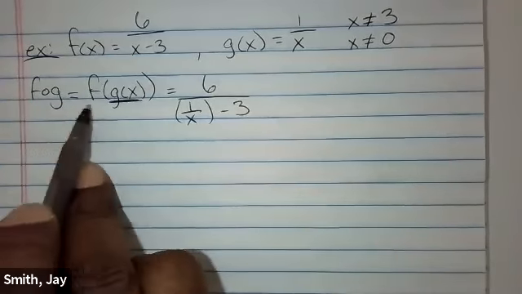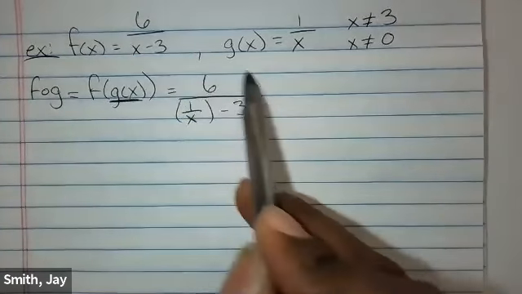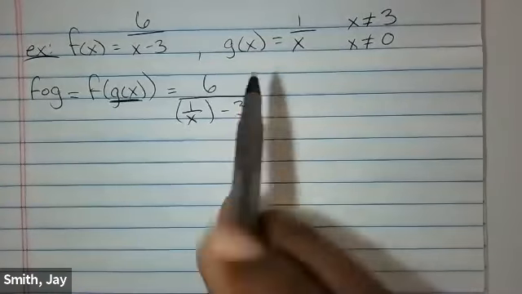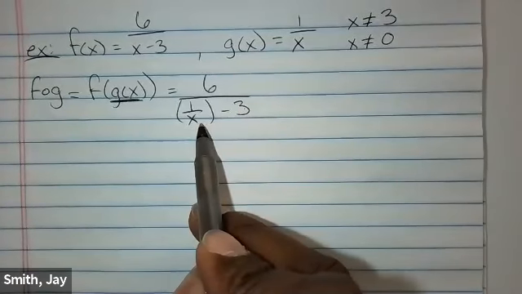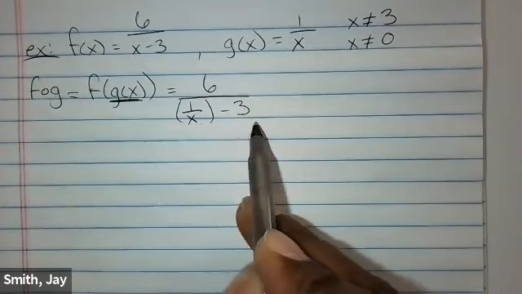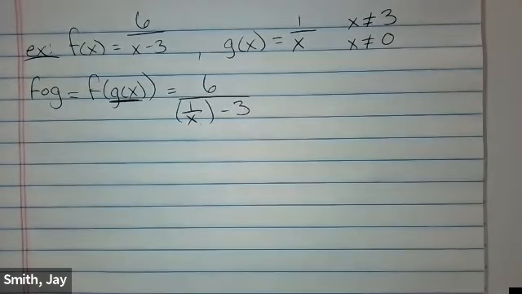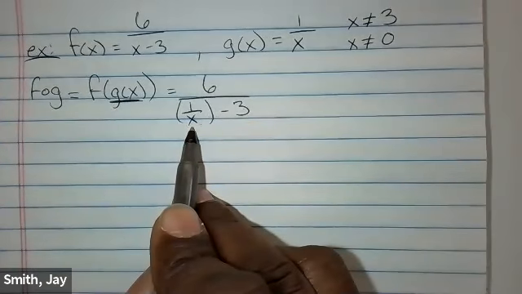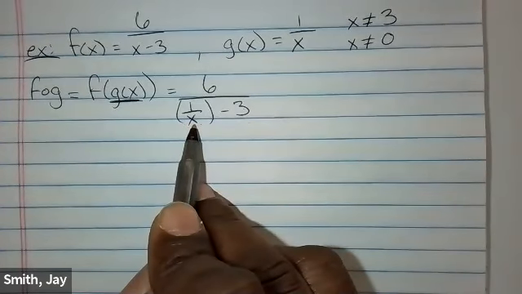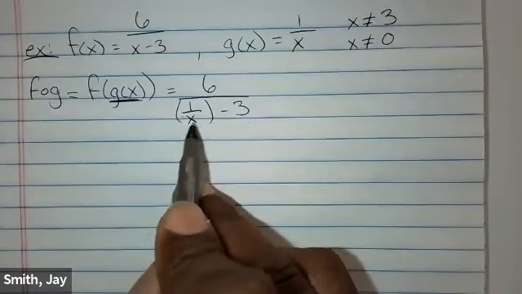Now, in terms of f composed with g of x, we have this expression. It still needs to be simplified. But we need to ask ourselves, what value will make this denominator, 1 over x minus 3, equal to 0, so we can exclude it? So we already know if x is 0, then the part that we substituted, the 1 over x, the g of x part, is going to give us an undefined answer.